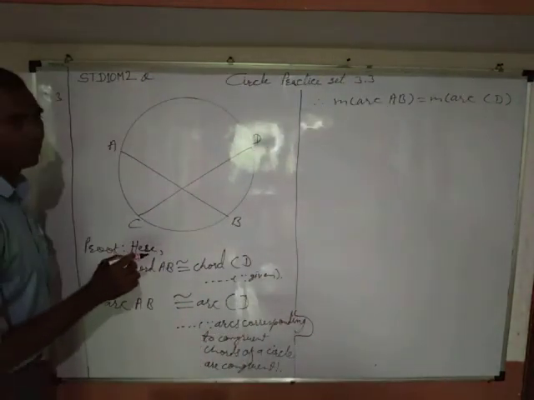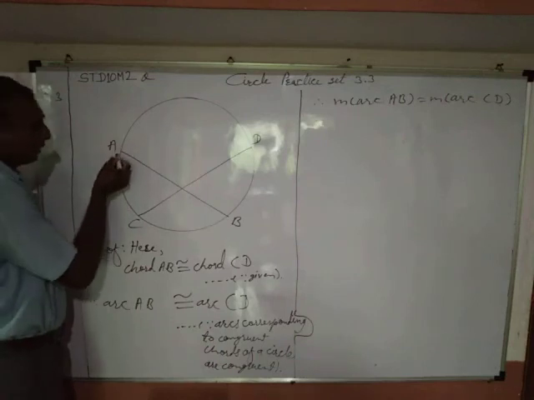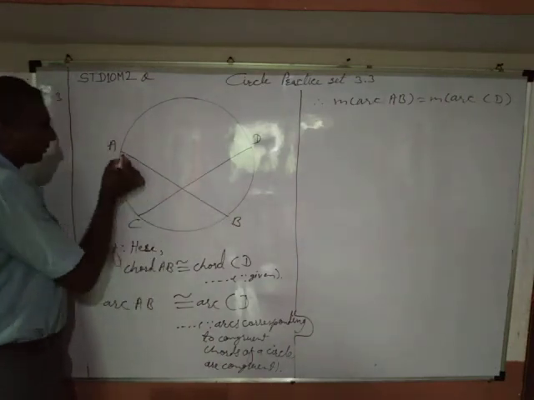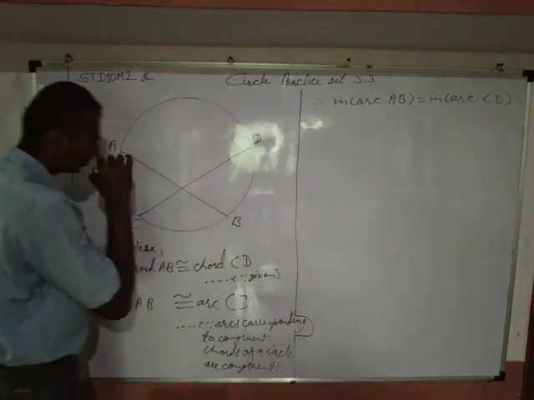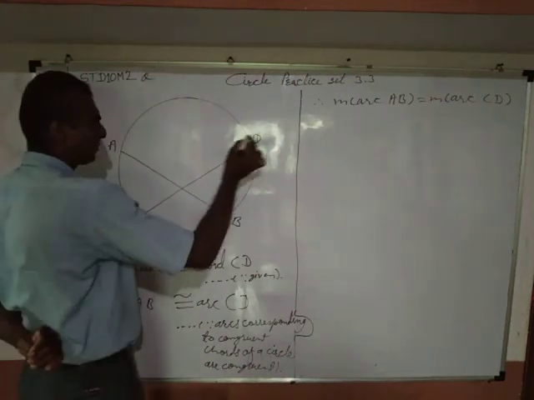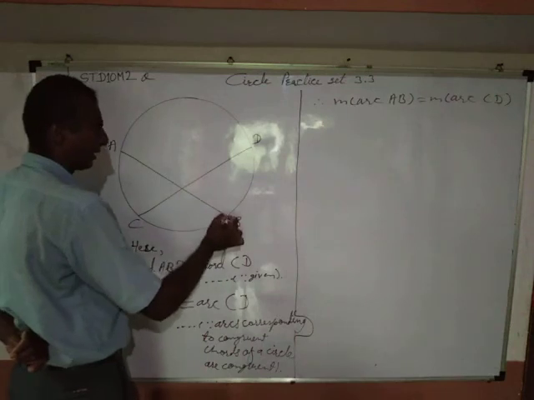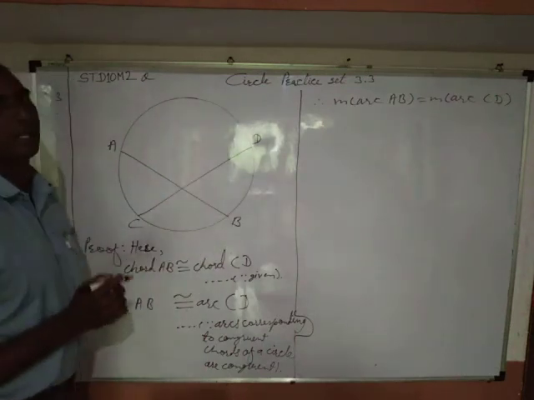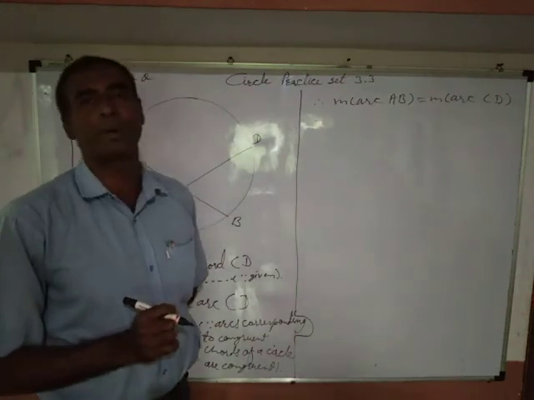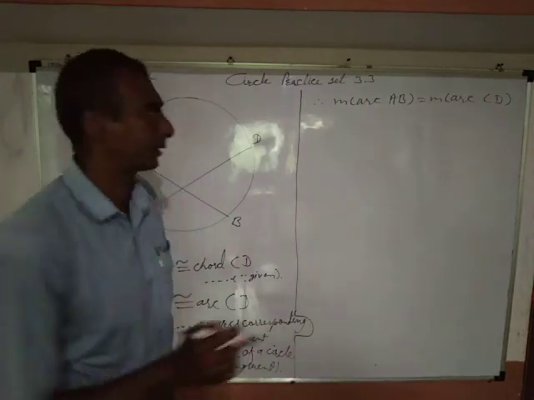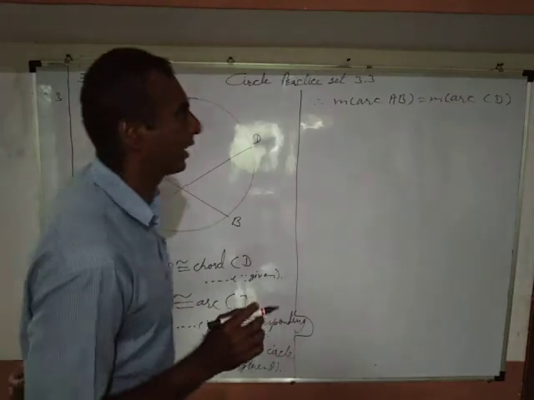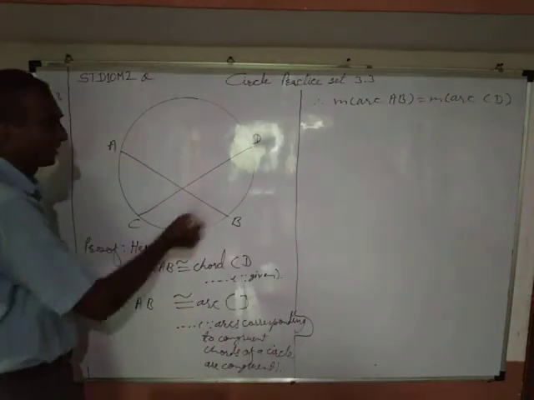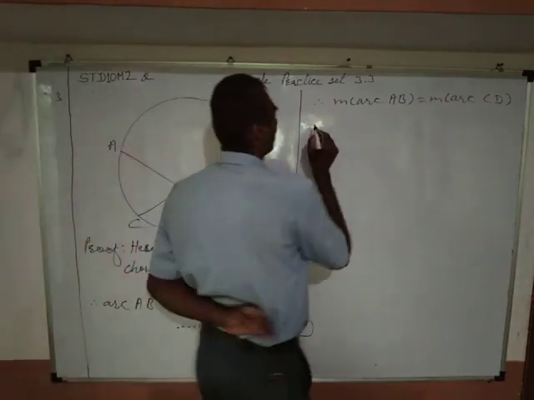Okay, but arc AB is made up of arc AC and arc CB, and arc CD is made up of arc CB and arc BD. Let's apply the property of addition of arcs. Therefore, instead of writing measure of arc AB, we are going to write measure of arc AC plus measure of arc CB.